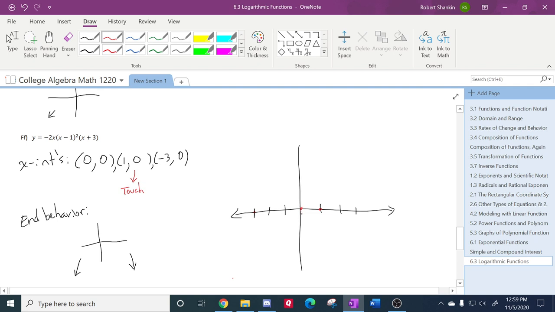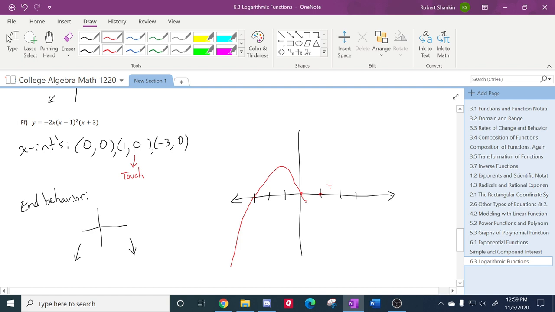Now this one, I'm going to put a little t kind of nearby. Remember to touch. Now, if I crossed this, I'd have to go up, because if I came back down again, I'd make another x-intercept. There's no more x-intercepts. So, this forces me to get the right end behavior. Just touch it and go back down.